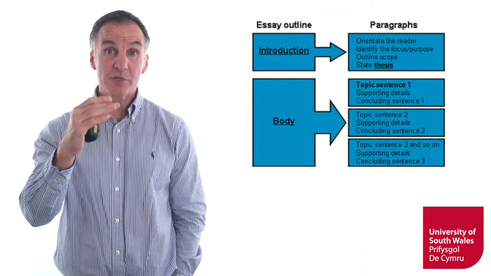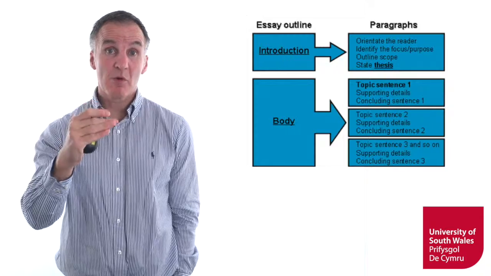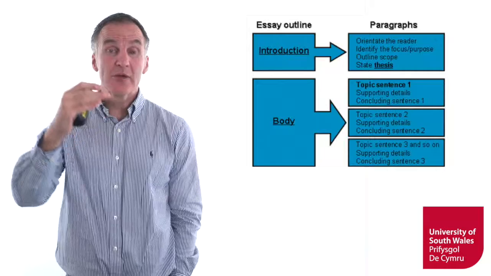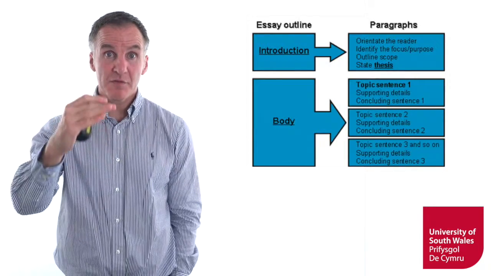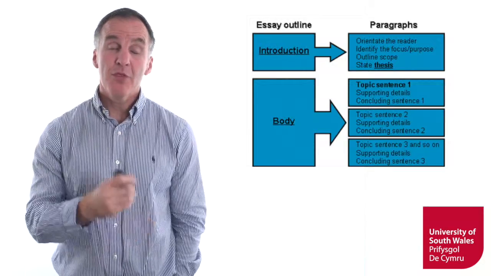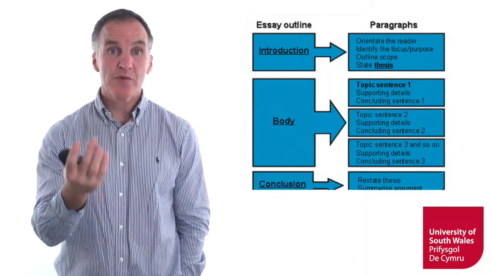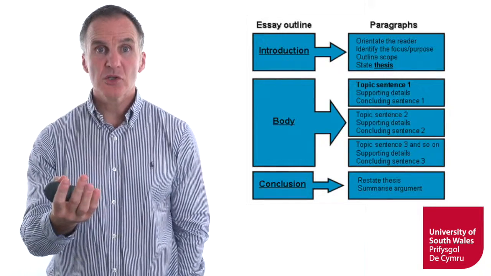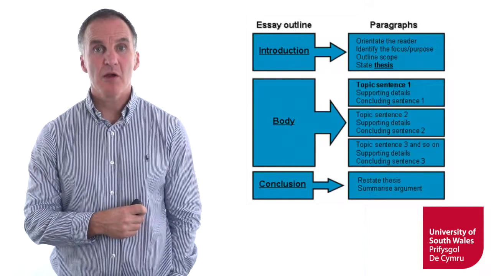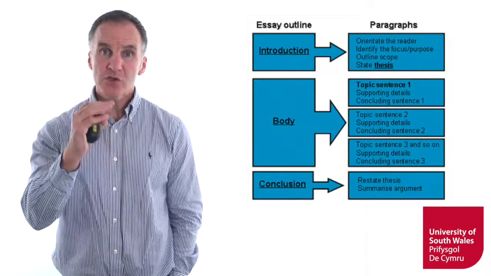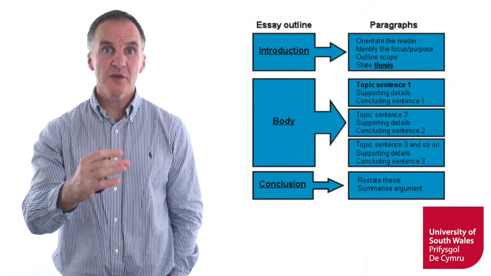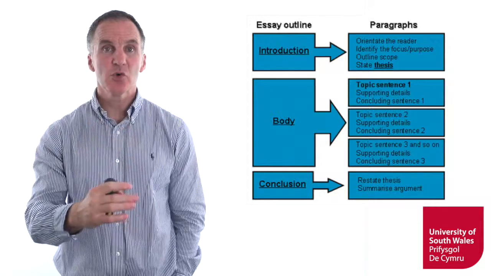When you get to the end of each paragraph, you're going to try and summarise it in some way, and then that point should lead on to the next paragraph so that there's a flow between each paragraph and each theme. And then at the last part of your essay, you'll have a conclusion. You're going to try and summarise all the arguments that you presented within each paragraph. And if you get the structure right, your work will flow. It will be progressive, it will be logical, it will tell a story.